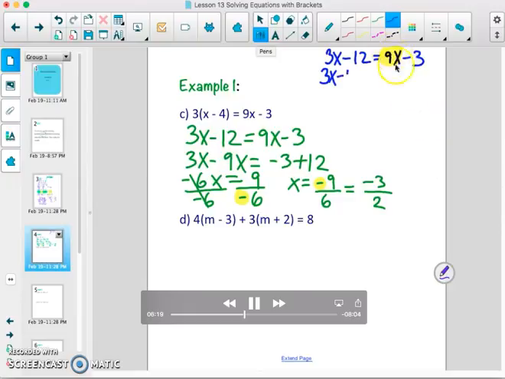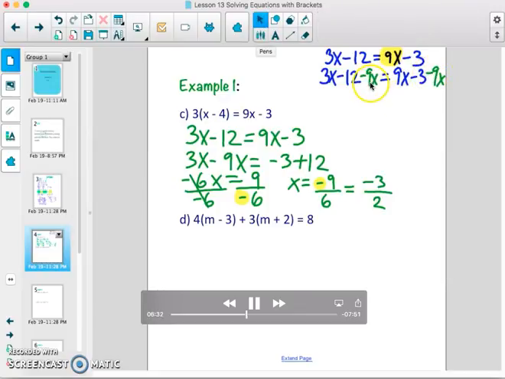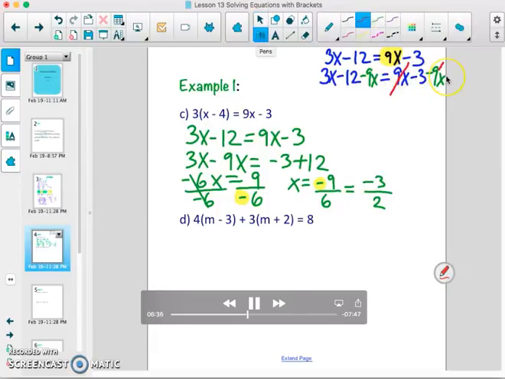In order to get rid of it on this side, we need to subtract it on this side, and if we subtract it on that side, we have to do the same on the other side. That creates a situation where we have 9x minus 9x, which is just 0. And so we have it on the other side now.